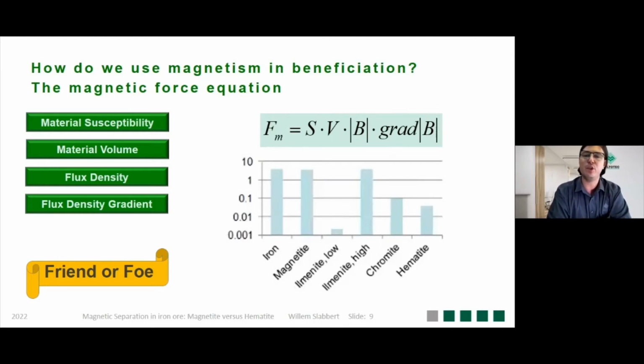Conversely, when we put magnetite into a WIMS machine that is typically used for hematite beneficiation, the magnetite would be attracted so strongly that it would be nearly impossible to wash that out under operational conditions, and we may in fact choke the matrix, which is the separation surface of the WIMS machine.